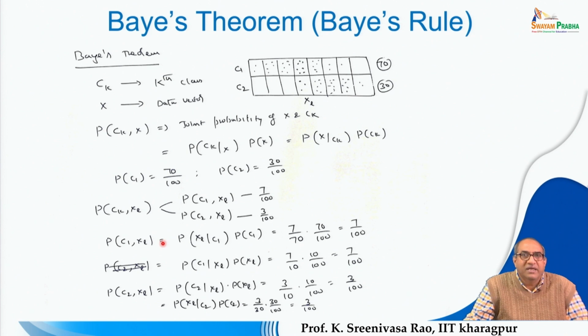Yesterday we discussed this by considering a simple example of a two class problem, as we have done from the beginning of the discussion on statistical pattern recognition. We have taken a numerical example of 100 examples. Out of that, 70 belong to class 1 and 30 belong to class 2.